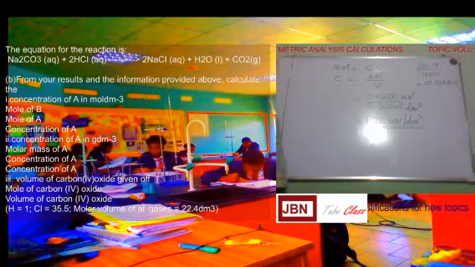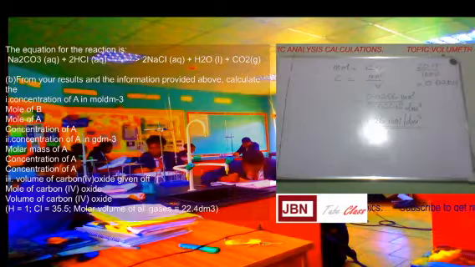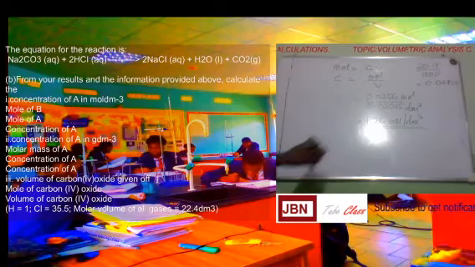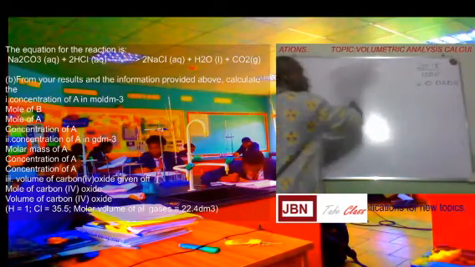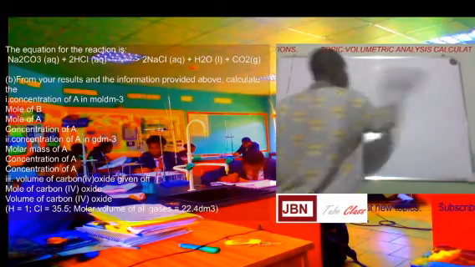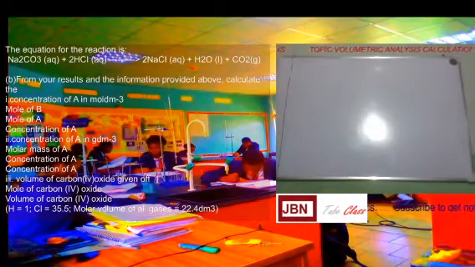If you look at question number 3 carefully, it says we should calculate the volume of carbon dioxide given off in the course of this reaction. Okay, what do we do?